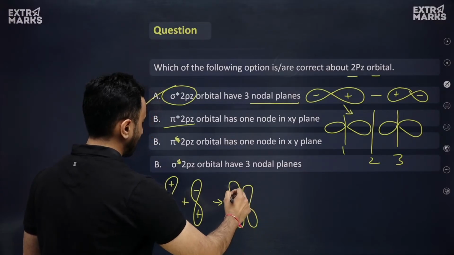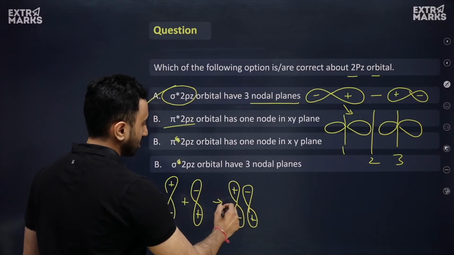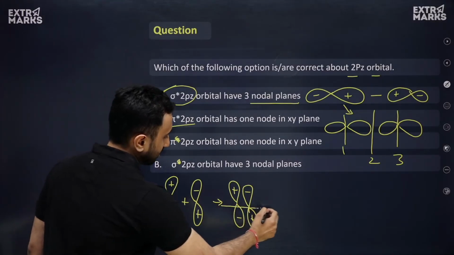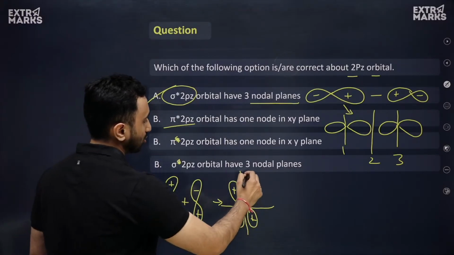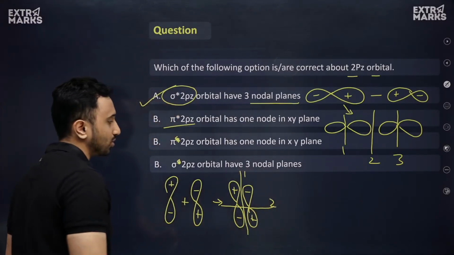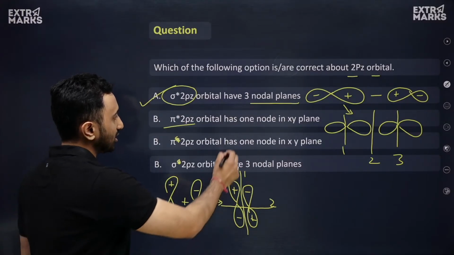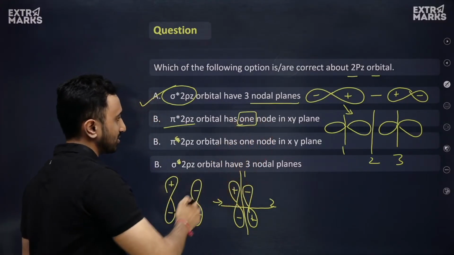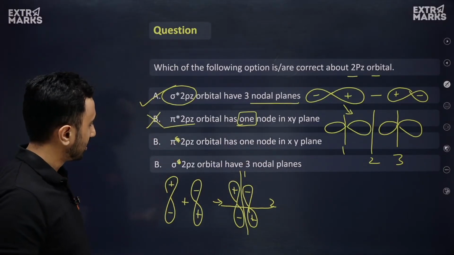Here you will have plus, minus and minus, plus. So here you will have one nodal plane like this, another nodal plane like this. So a total of 1 and 2, only 2 nodal planes. But the option is saying that we have one node in xy plane. So that is why it is incorrect.